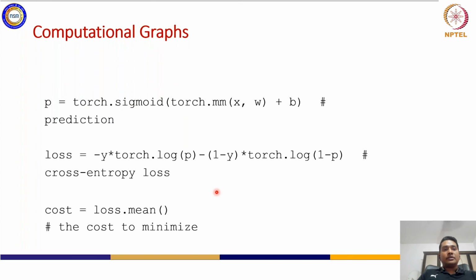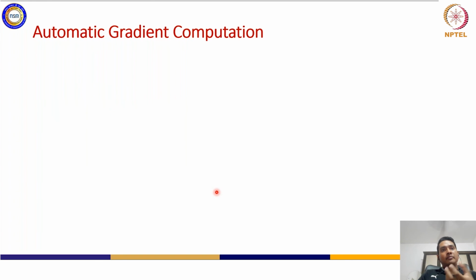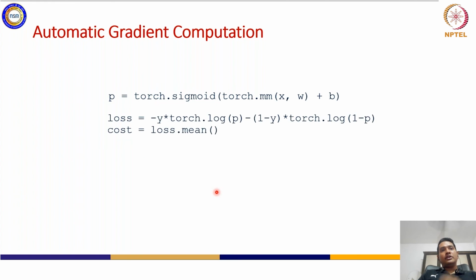So with your gradient computation, you will update the parameters which you have defined as W and B. First we have computed the predictions, then the loss, and with this cost, just calling this backward function will compute the gradients already.